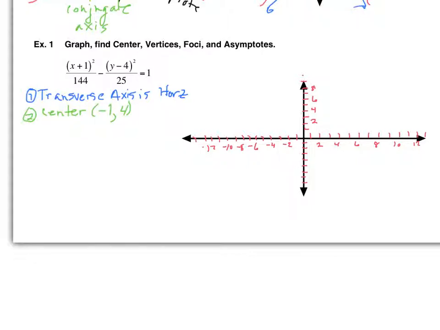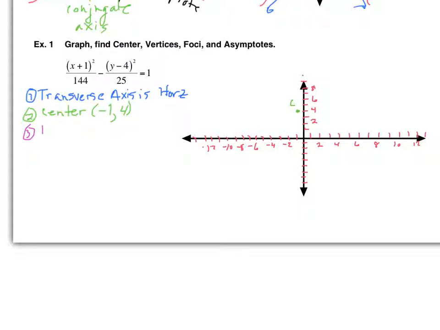Okay, so plot your center. And from there, what do I want to find next? I need to find my two axes, both my transverse and my conjugate axis lengths.